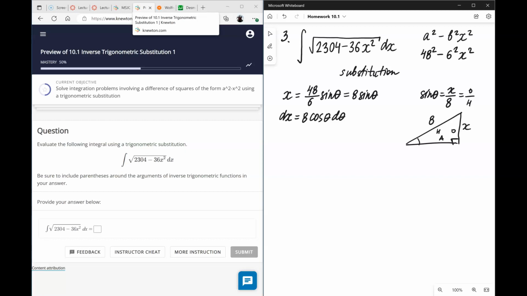This is 8, this is x, and this will be the square root of 64 minus x squared. If I ever need theta, theta will be equal to arc sine of x over 8. And the reason we're doing this substitution is because the square root of 2304 minus 36x squared will simply become 48 cosine theta.